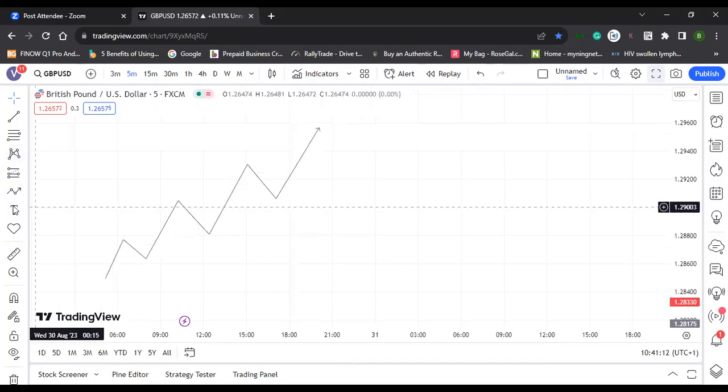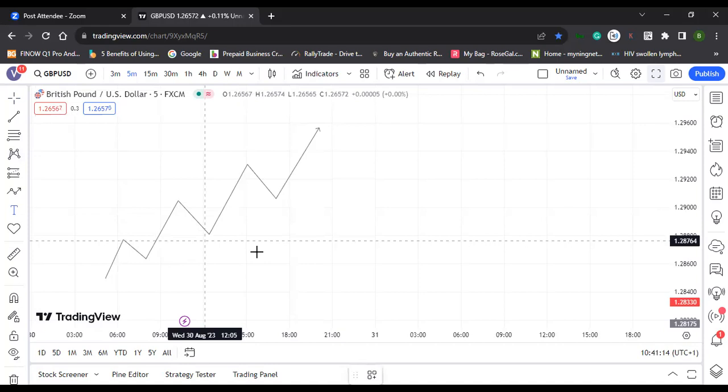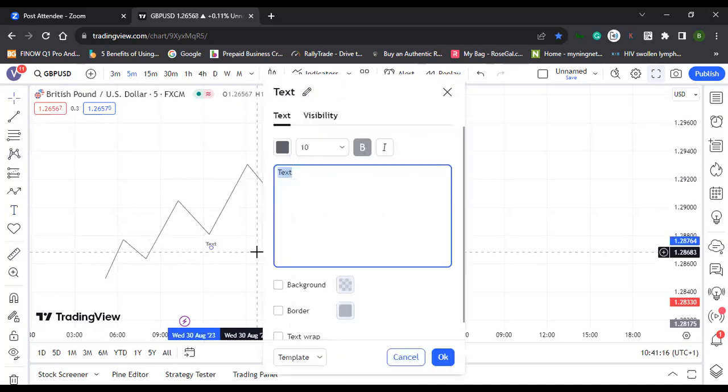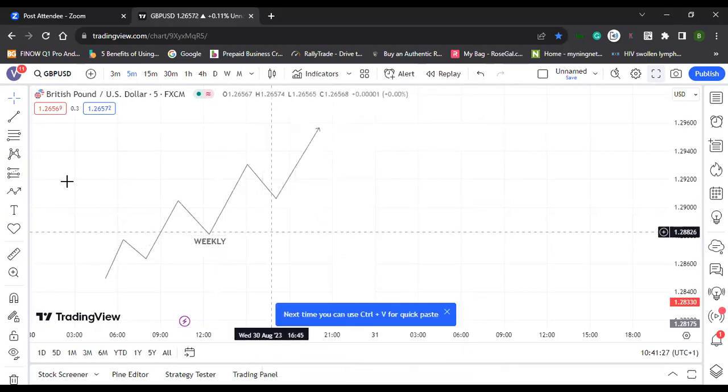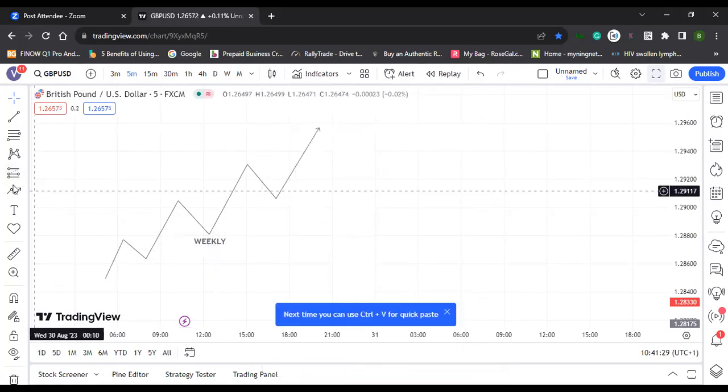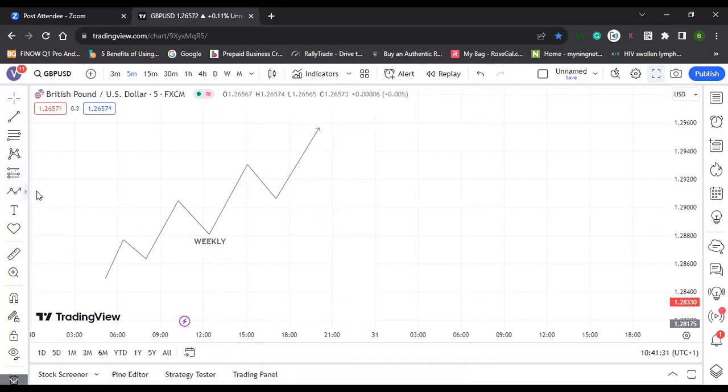And let's say this is the weekly. And let's say we want to identify liquidity on this zone. Let's say this particular one here, like this.